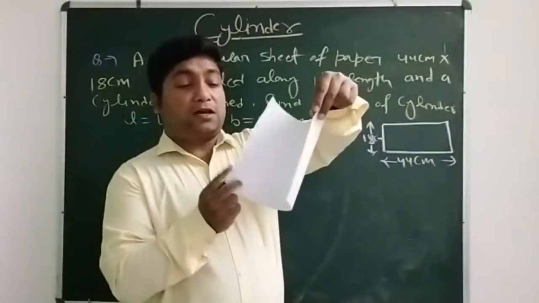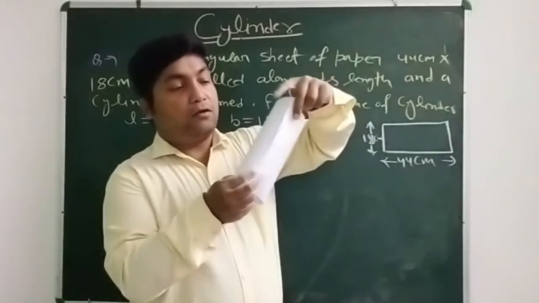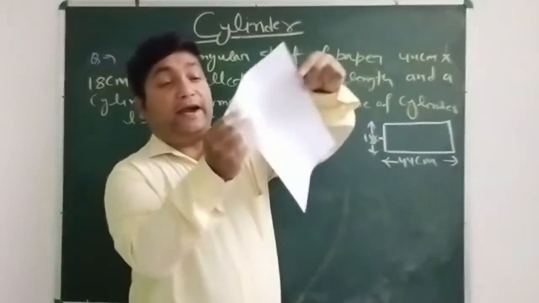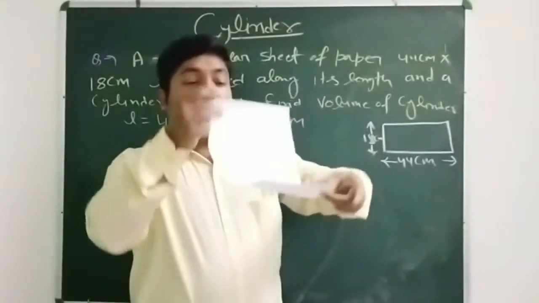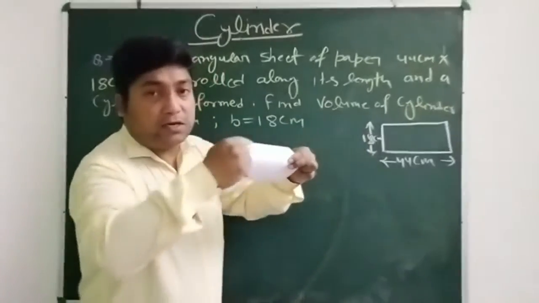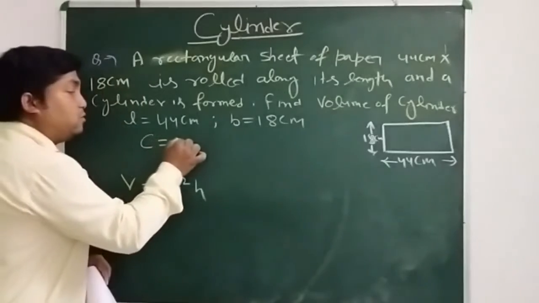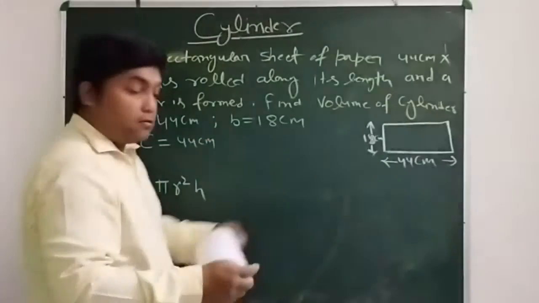When you rolled it, what have you seen? The length 44 centimeter of the sheet converts into the circumference of the circle. The circumference of the circle is equal to 44 centimeter.